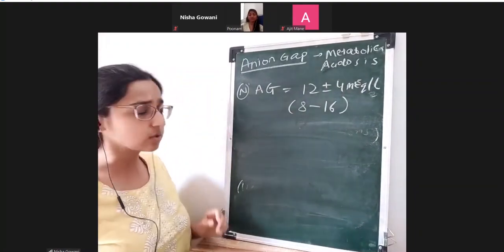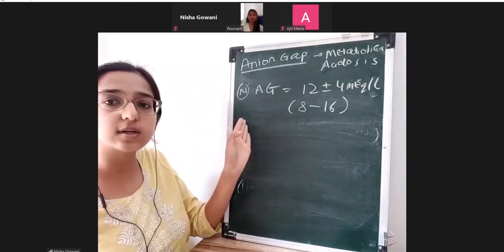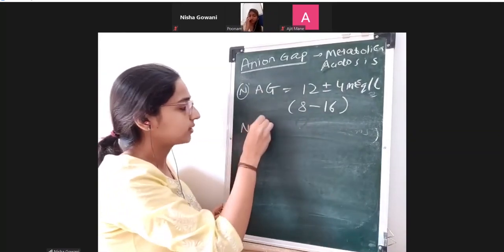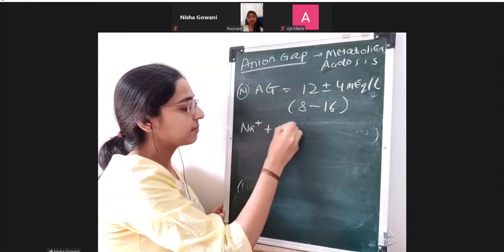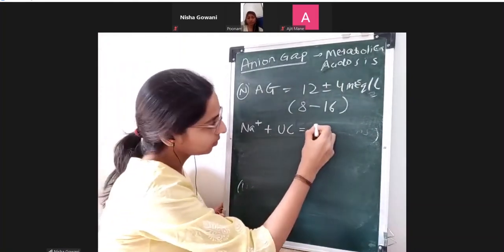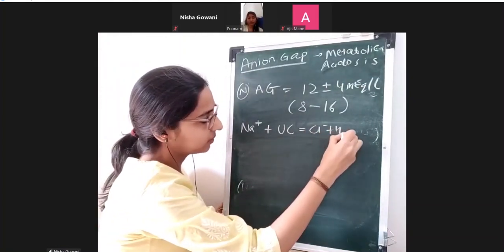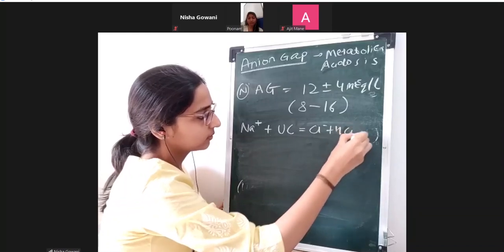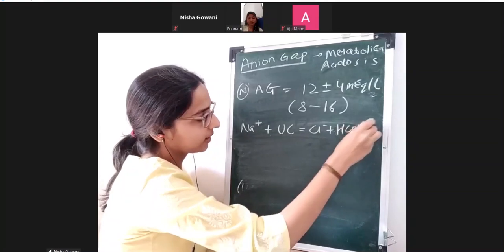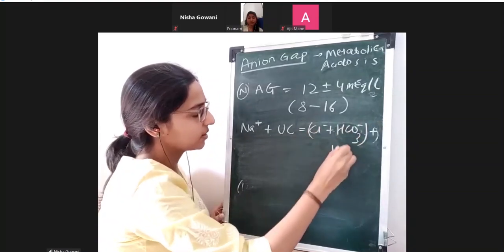When we said the positive should be equal to negative, if I take sodium plus the unmeasured cations, they should be equal to the chloride plus bicarb plus unmeasured anions.